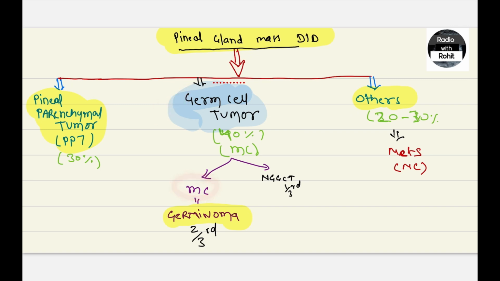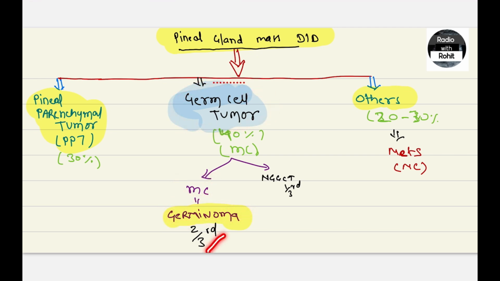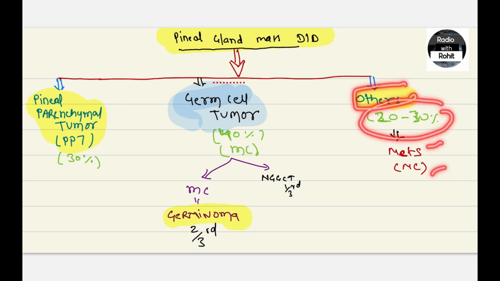Most common among all the germ cell tumors is the germinoma, which constitutes two-thirds, while one-third are non-germinomatous germ cell tumors. Others, like METS and other tumors, constitute 20 to 30% of the pineal gland masses. So pineal gland masses are divided into parenchymal tumor, germ cell tumor, and others.